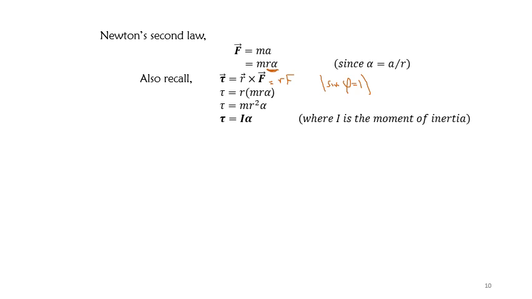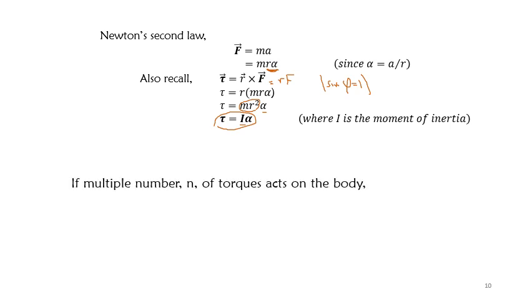So you substitute where you have your F, m r alpha. So you have r in bracket m r alpha. If you have m r squared alpha, remember again that m r squared is the moment of inertia. So you have I, then you have your alpha. So this is the formula to use to obtain the torque.